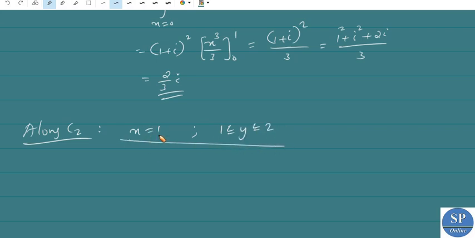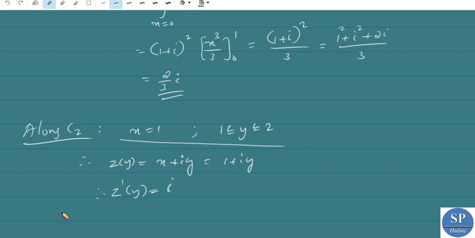Okay, since x equal to 1, we have z is nothing but x plus i y, but x equal to 1, this is 1 plus i into y, so we can express z as a function of y only, and y varies from 1 to 2. Therefore z dash of y is nothing but i itself.